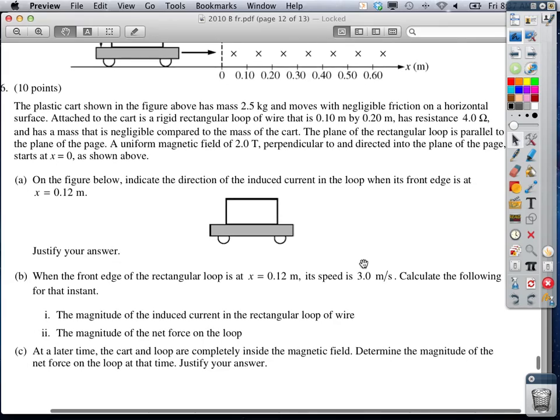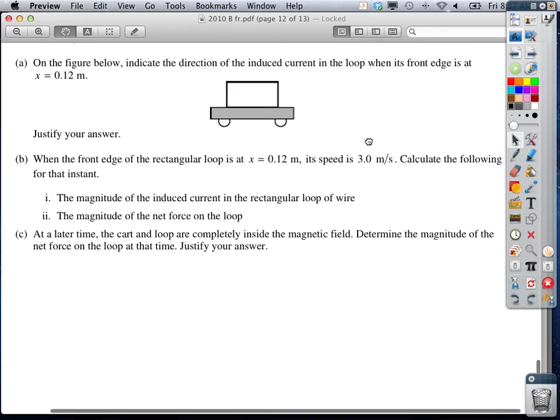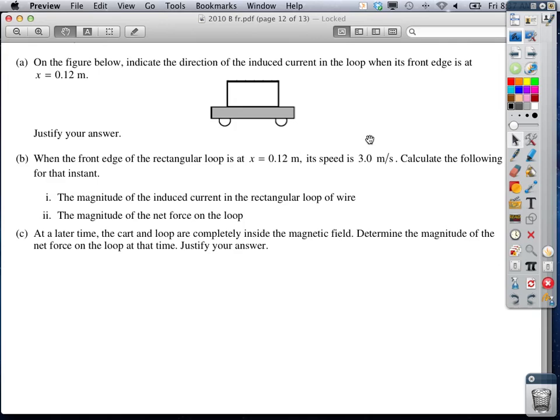All right. So on the figure below, indicate the direction of the induced current in the loop. So do this on your paper somewhere, on your notes or whatever you got in front of you. Do it there.